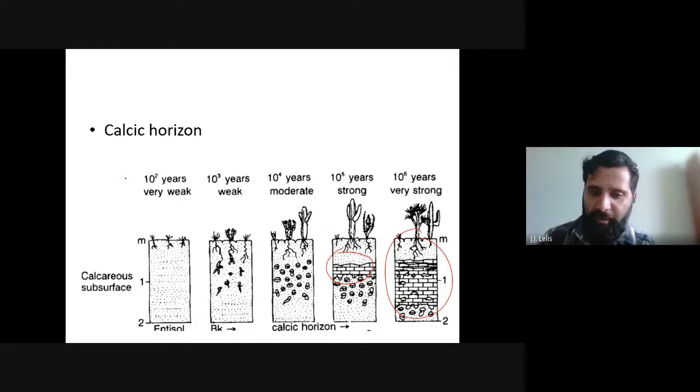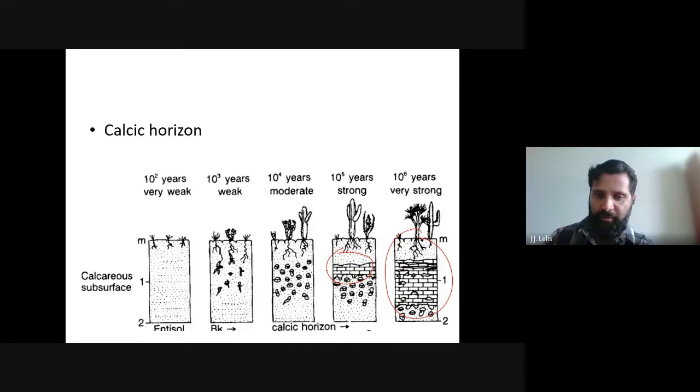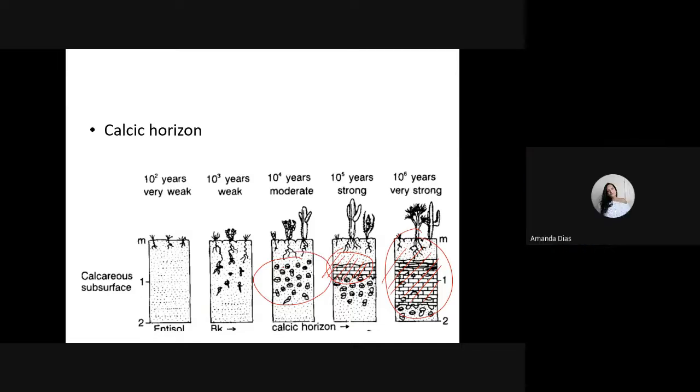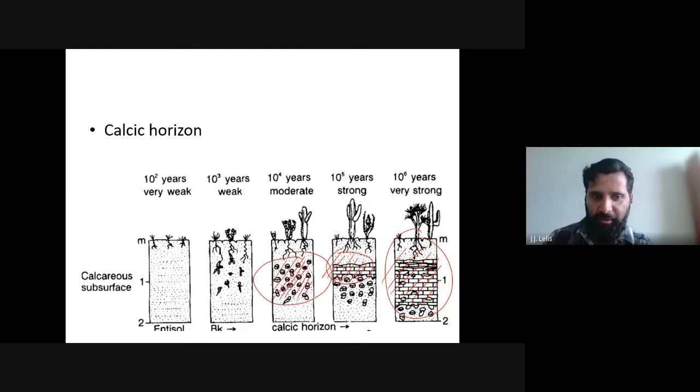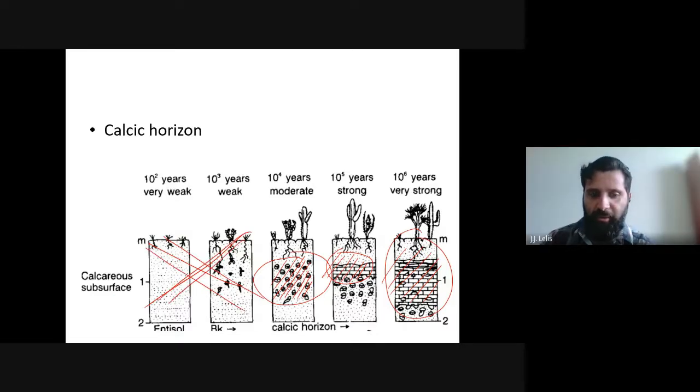Okay, I understand now. Yes, the calcic horizon, you can only identify here and here. And if the content of these nodules or concretions is high, we can also find it here. Okay, but here and here, no. We can't find it. You can see here the example.